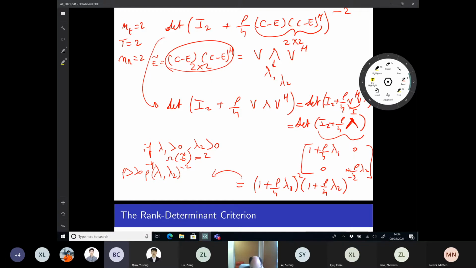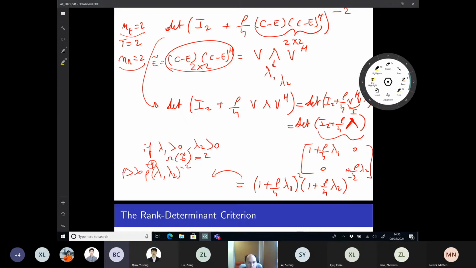What that means is that if I have two eigenvalues that are non-zero here, I'm going to have a diversity gain. The exponent here is equal to 4. I have two transmit antennas, I have two receive antennas, and I get a diversity gain equal to 4. But to have this, I need those two eigenvalues, lambda 1 and lambda 2, to be non-zero.